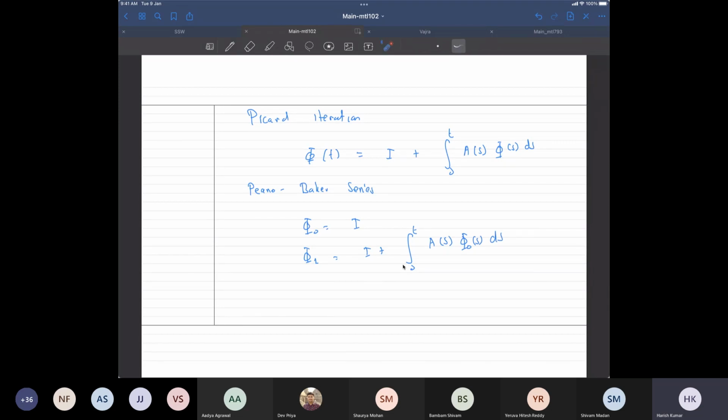Here this series is true even when A is not a constant matrix, even when it depends on t. If it is a constant matrix, it simplifies. And similarly, you can define phi_2.